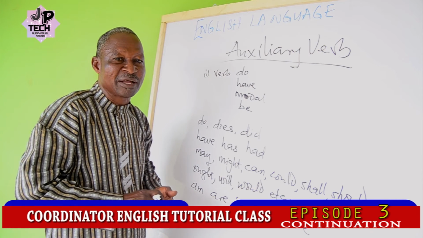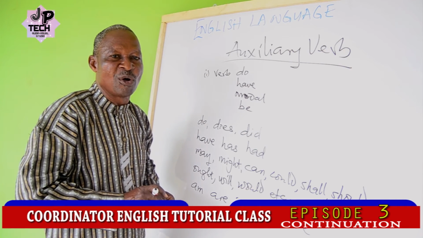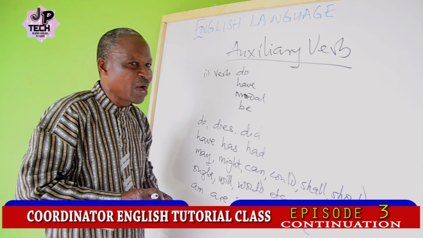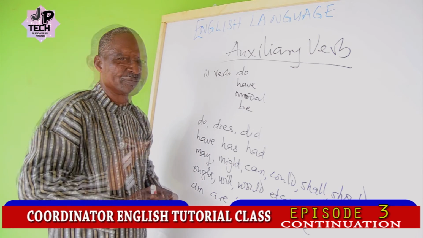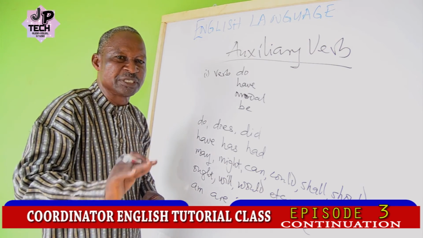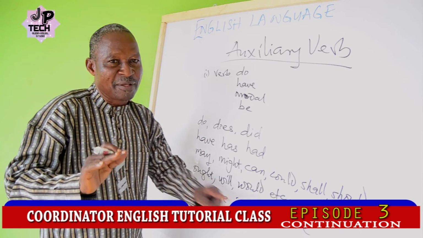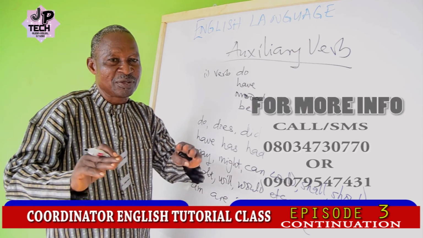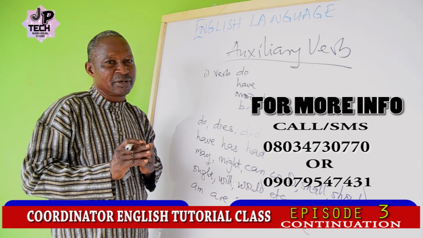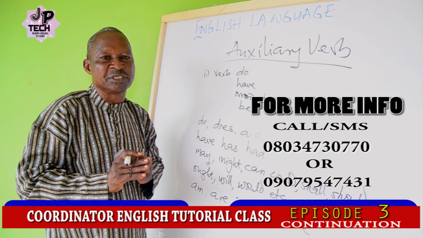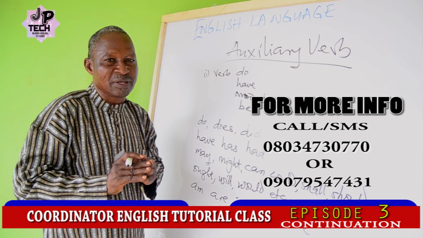Tunde and Shola were in the hall last week. Were is not an auxiliary there. Tunde and Shola were washing the room when I visited them yesterday. Were is an auxiliary verb, helping verb washing.